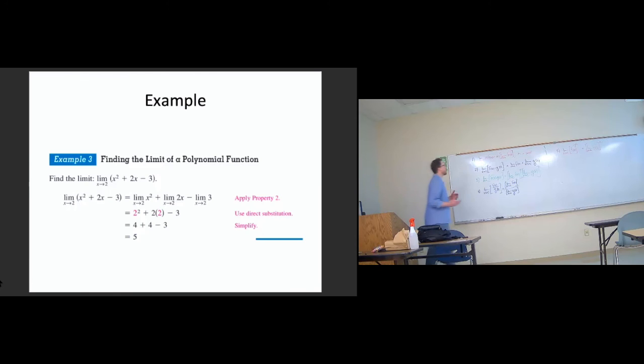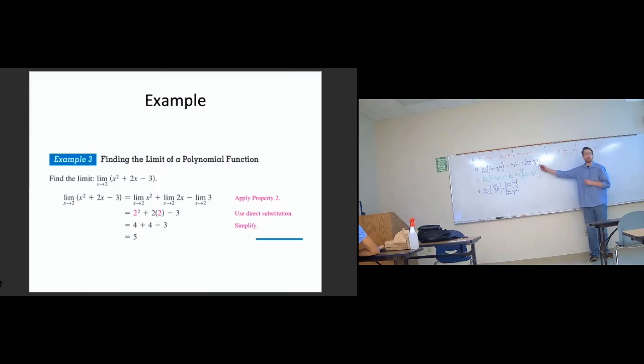So the first decent example we can see is a polynomial. We're going to apply the limit to a polynomial. Well, according to rule number 2, we can break up the limit of functions added together as the limit of a function plus the limit of another function, right?